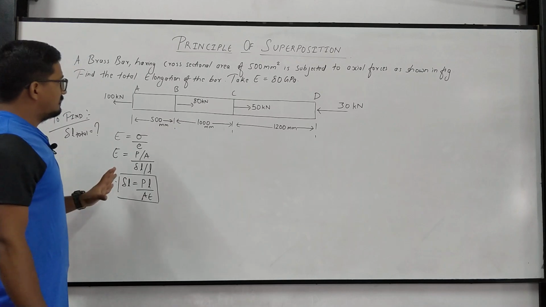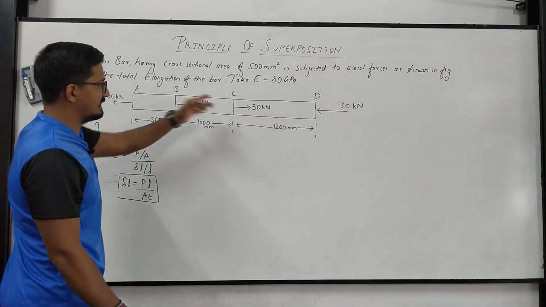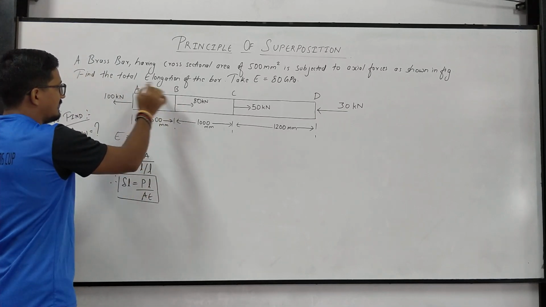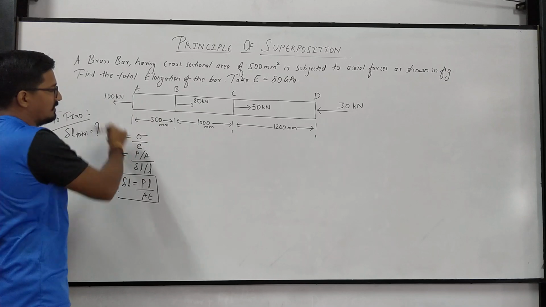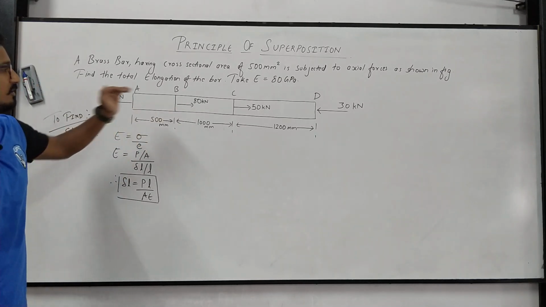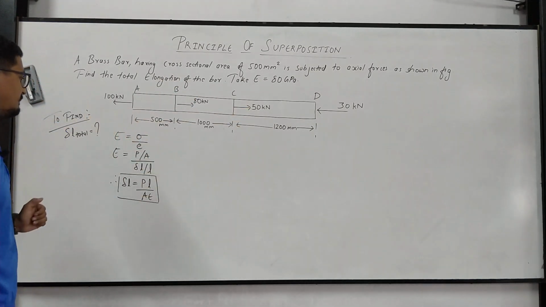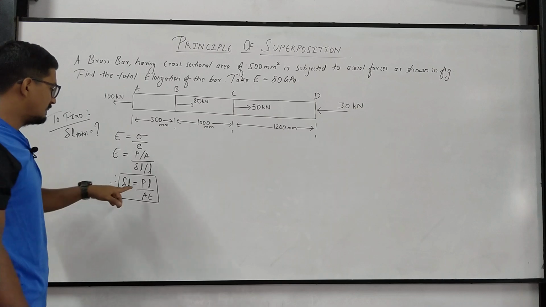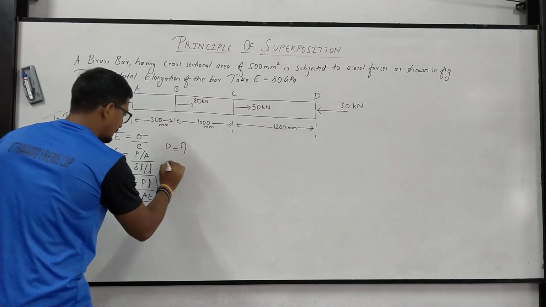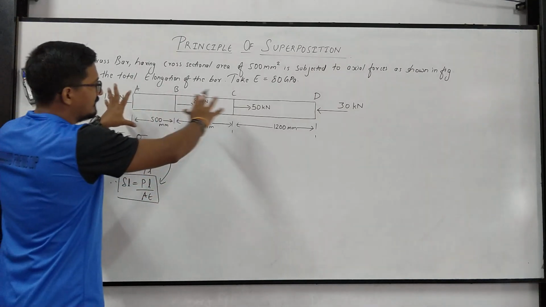But in this problem we can see there are a number of forces acting on the bar. For example, on the section AB, 100 kilonewton is acting on the negative x-axis, 80 kilonewton on the positive side, 50 kilonewton on the positive side, and 30 kilonewton on the negative side. So this P in the formula is a complicated matter to handle.